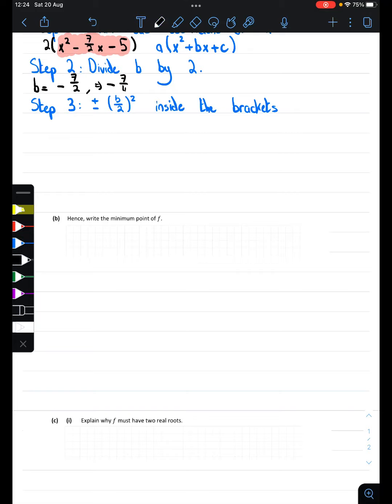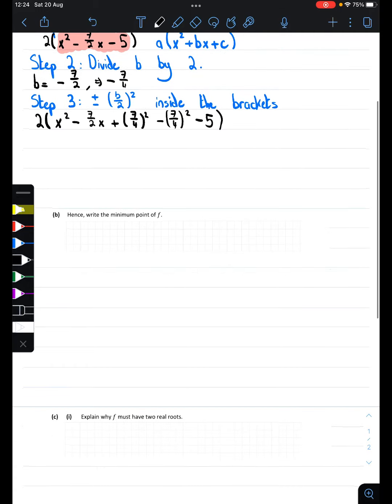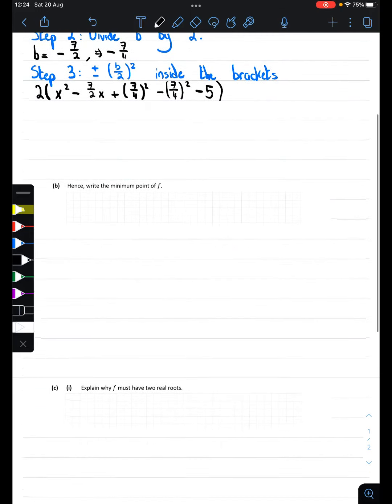So we'll write this as 2 times (x squared minus 7 over 2 x plus (7 over 4) squared minus (7 over 4) squared), and then minus 5. You might think, how is this helpful?